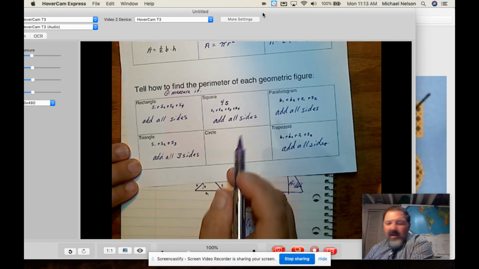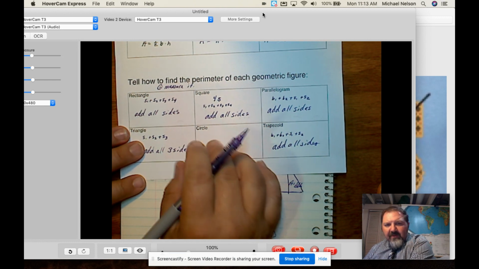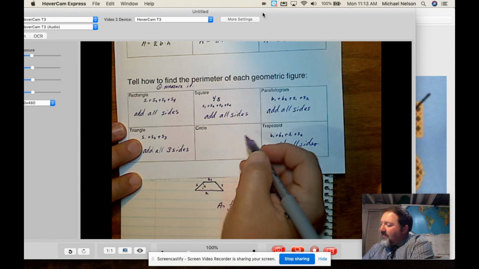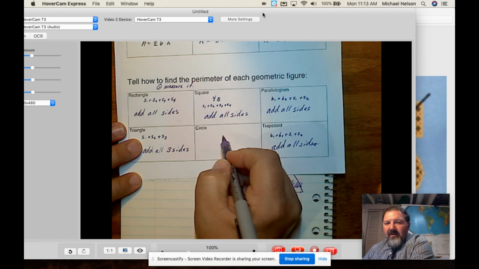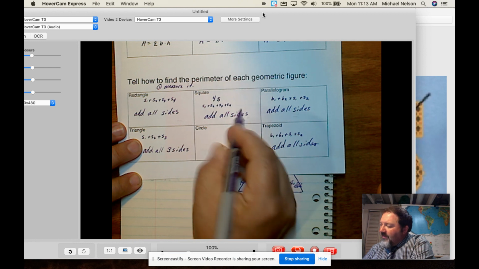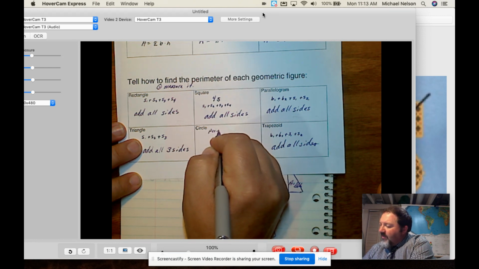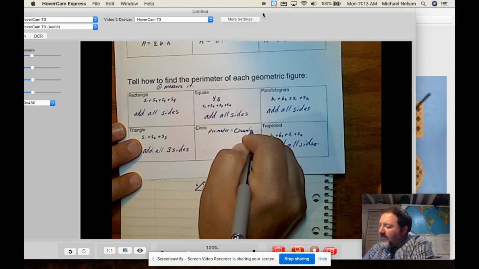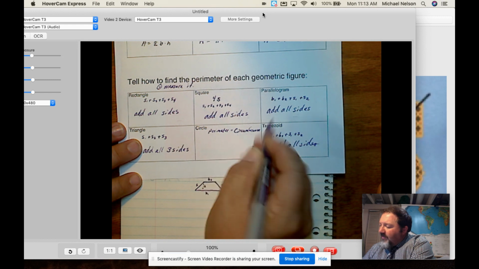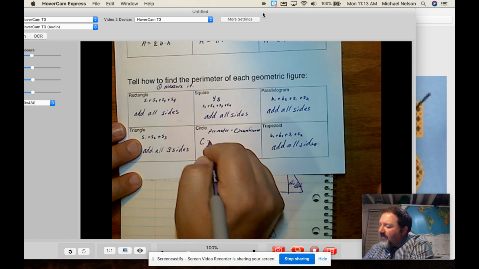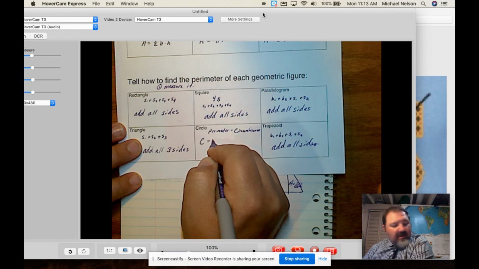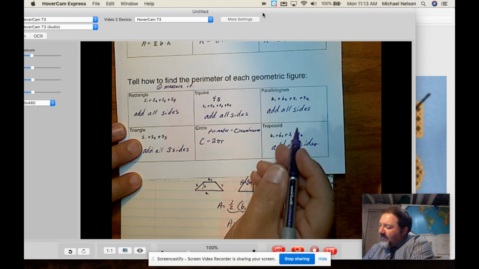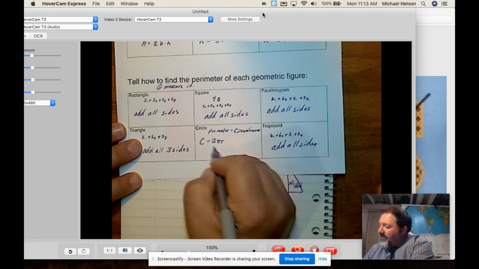So that's okay. Now on a circle, there's that relationship between your circumference and your radius and diameter. And so your formula there needs to be that the circumference, or the perimeter of a circle, and perimeter is the same thing as circumference. In geometry, they like to capitalize that because the circumference equals 2 pi r, twice the radius times pi, or 2 times the radius.